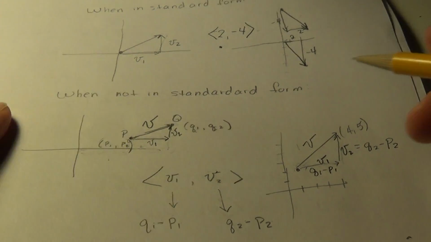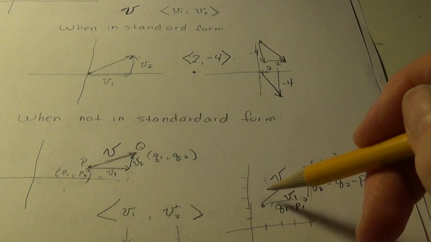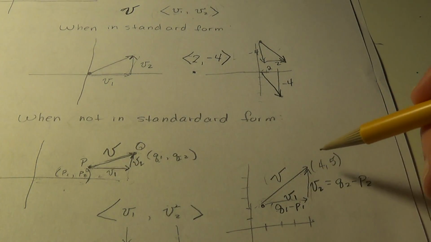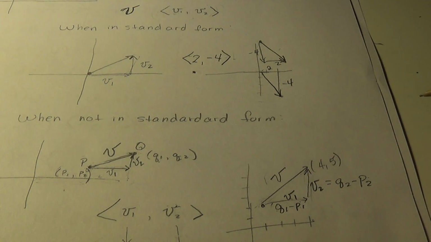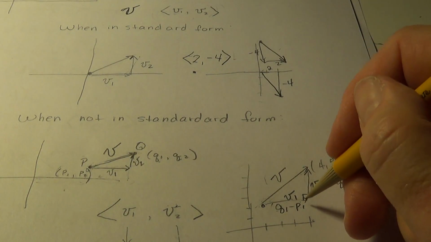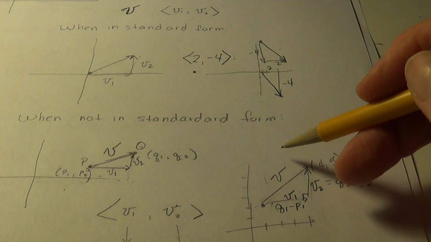So we already established that here. I just put it on the picture. So how could I get this length if I know this value on this side of the triangle and this value on this side of the triangle? Well, it's a right triangle because the X and Y components always meet at a right angle. So we can use the Pythagorean theorem.